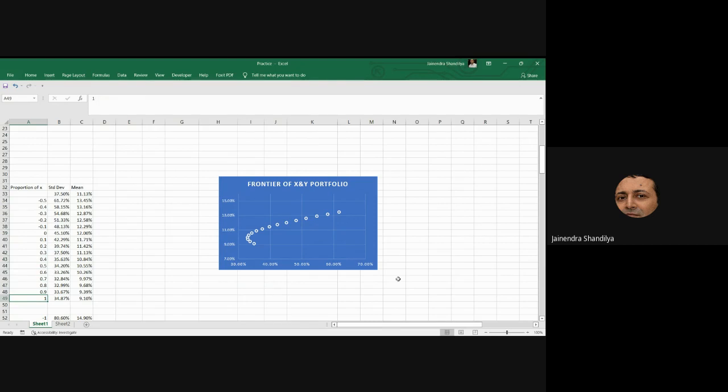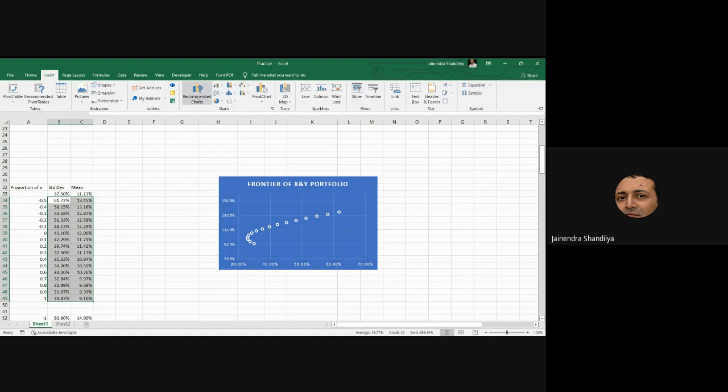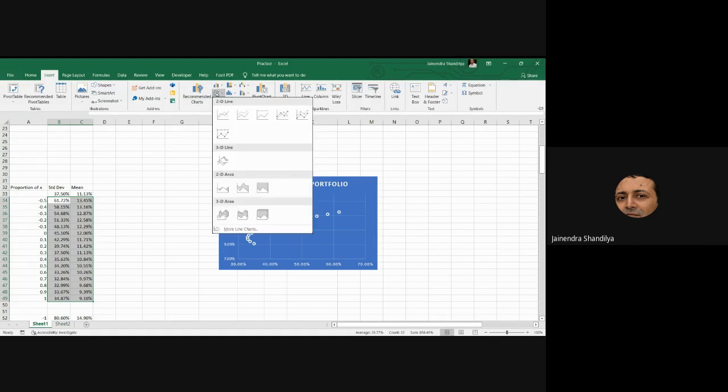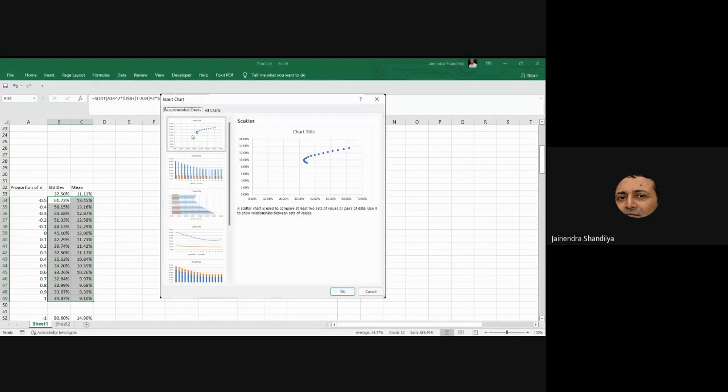Then finally I select these standard deviation and mean, go to insert, then chart, and I can select a recommended chart. The moment I select this, I have a chart.